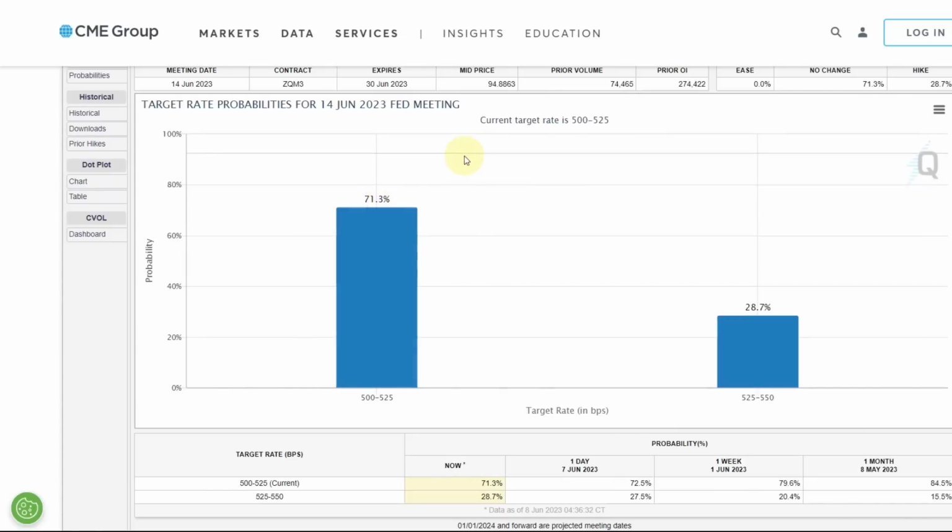At the moment we have the target rate between 500 and 525 basis points, but 28.7% probability for an increase of 25 basis points to 525 to 550. Over the last few weeks, that has moved up and down massively. Probabilities shifted. Whatever it says today can completely be overthrown by the CPI data, because CPI will come out, I think, a day before the Fed meeting and the interest rate decision.